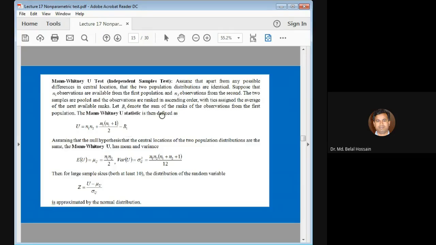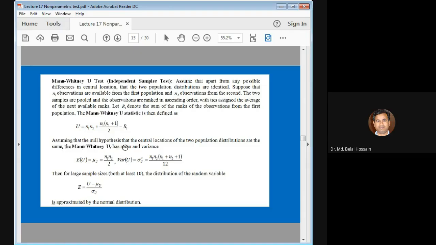So R1 is the rank sum of the first sample, and R2 is the rank sum of the second sample. So in Mann-Whitney U test, n1 is the sample size from the first sample, n2 is the sample size for the second sample, and R1 is the sum of the ranks observed in the first population.